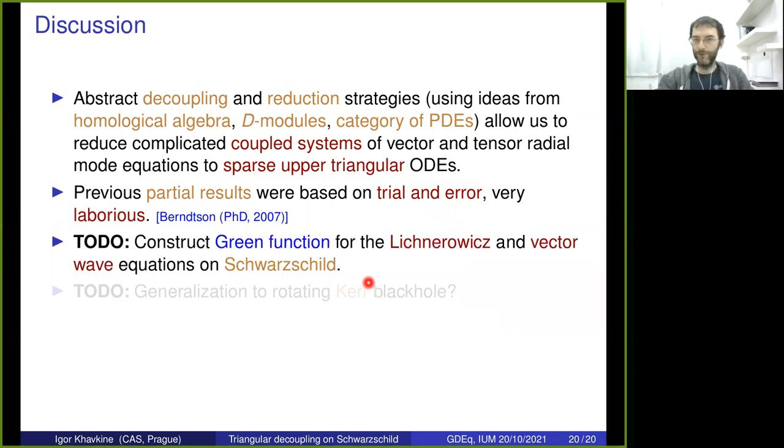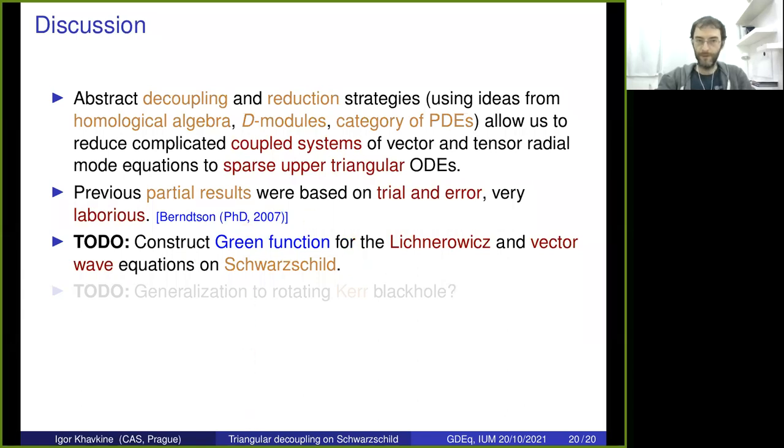So once these results have been obtained, they can be used for particular purposes, for example, constructing a Green function for linearized gravity on a Schwarzschild spacetime in a particular gauge, which has nice properties from the point of view of theoretical physics. It can also be applied to build ground states in quantum field theory, also using this Green function.